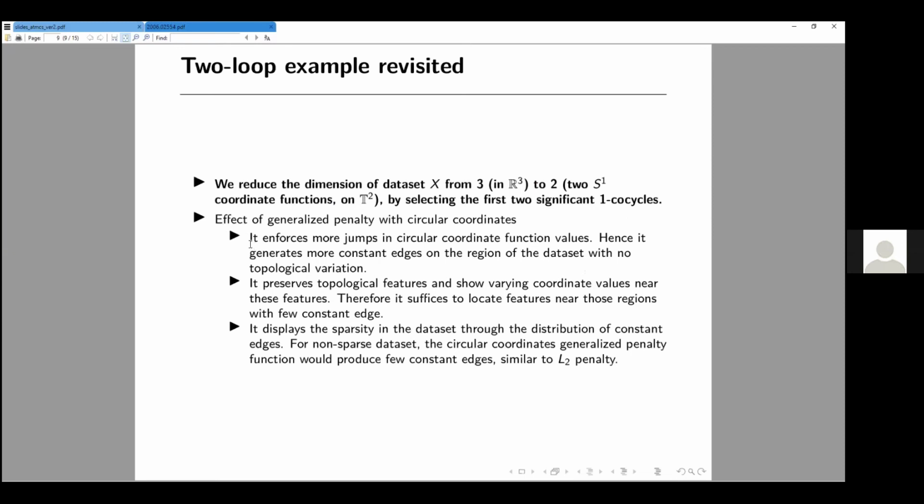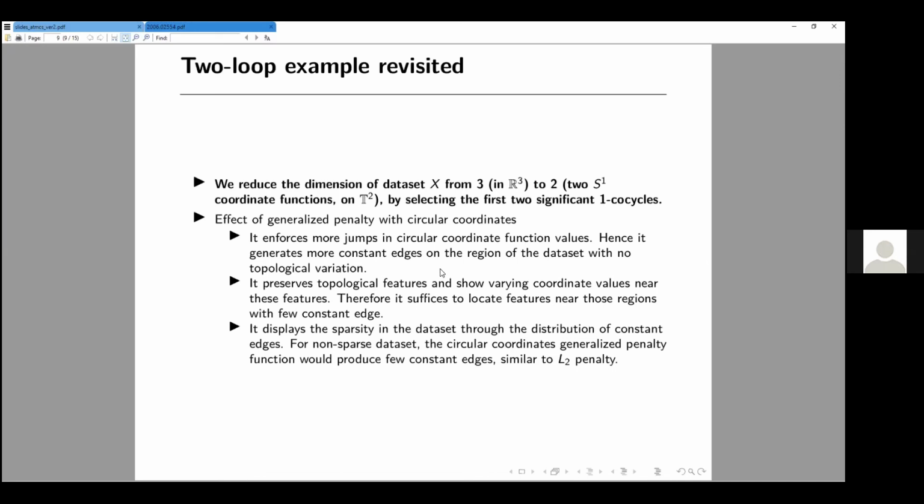First, it enforces more jumps in circular coordinate values, which means that instead of gradual changes of the circular coordinate value, you will observe more jumps under L1. Secondly, it preserves the topological features and shows varying coordinate values near the topological features. And third, it displays the sparsity in the data set through the distribution of the constant edges.